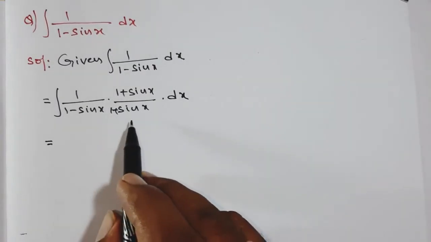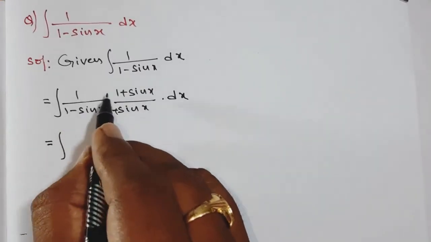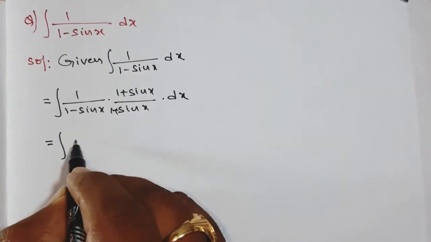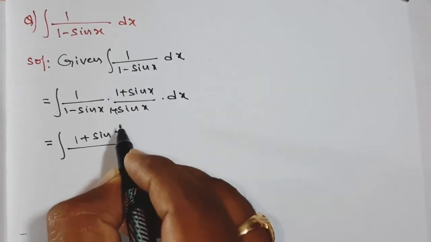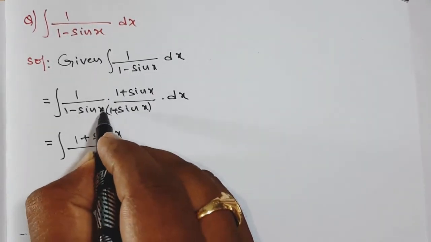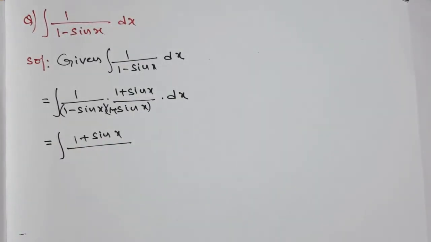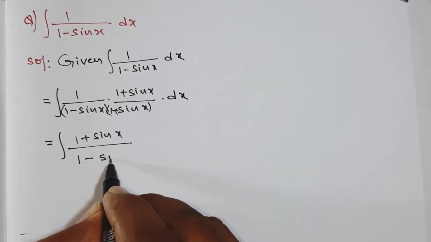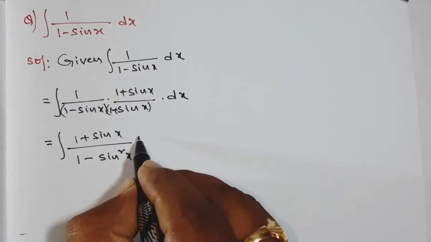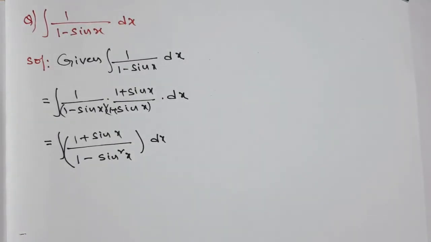Then it will change into a sum of functions. So then we simplify: the numerator is multiplied by 1 plus sin x, and the denominator is the multiplication a plus b into a minus b, which is a square minus b square. Here a is 1 and b is sin x, so we get sin square x dx, using the a plus b into a minus b formula.